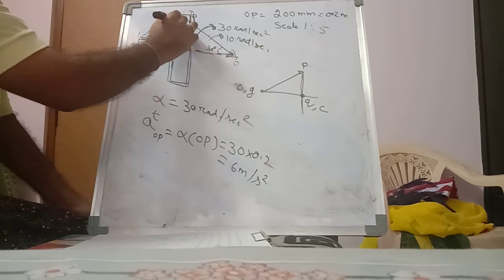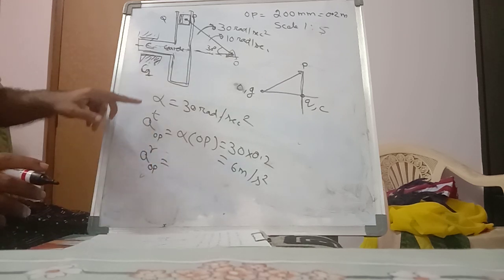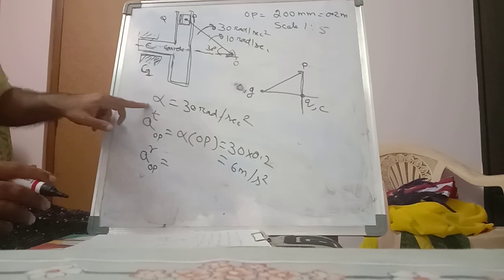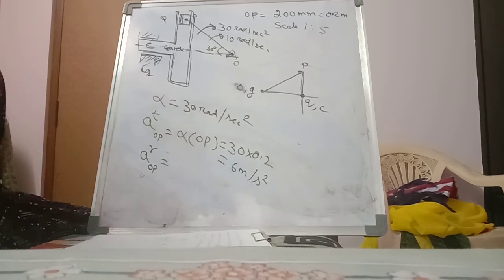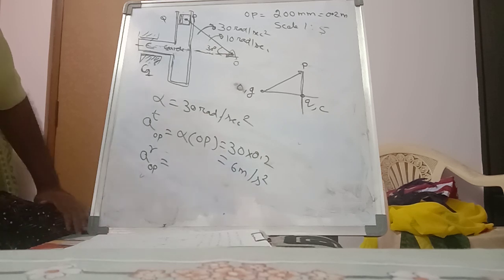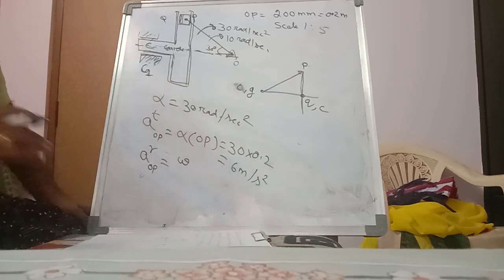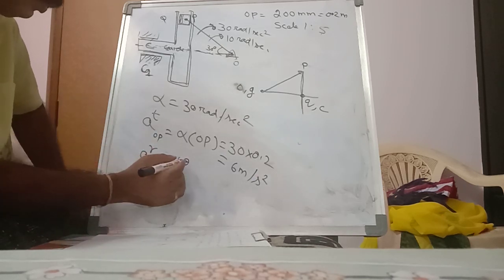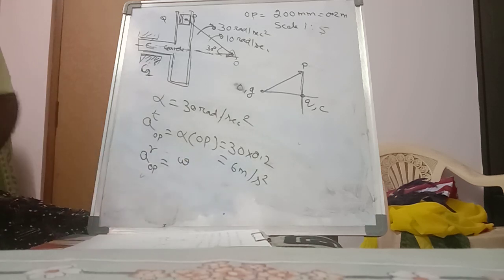Here for the link OP, there are two components: radial component and tangential component. Because alpha is given, first we determine the tangential component AT. Now we will find the radial component AR of OP. To find the radial component, we can use two formulas.